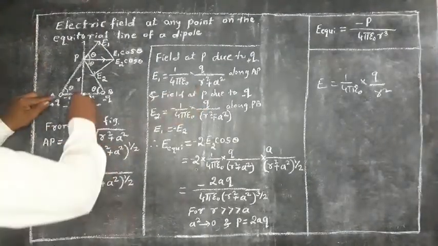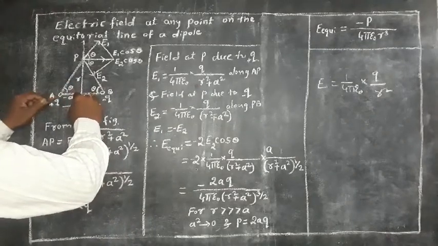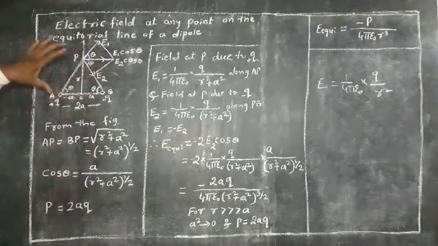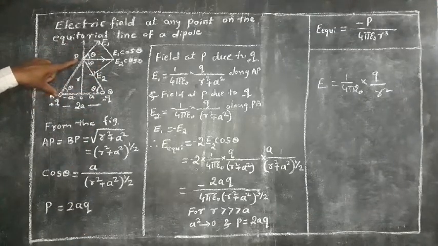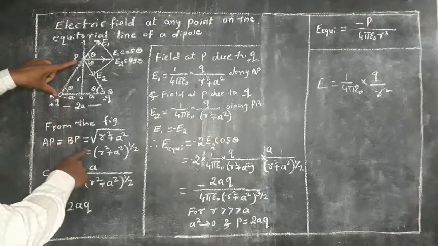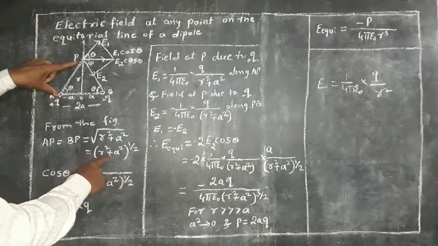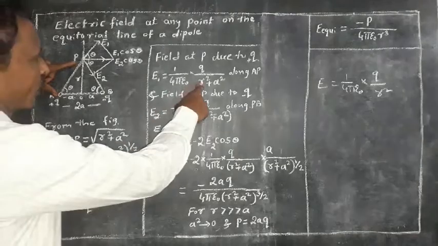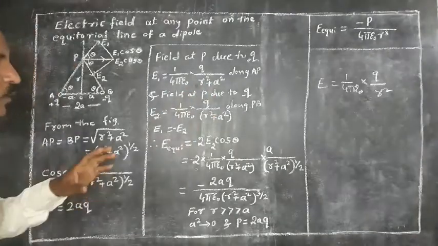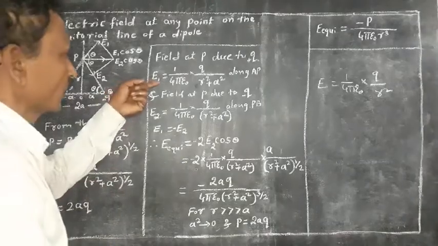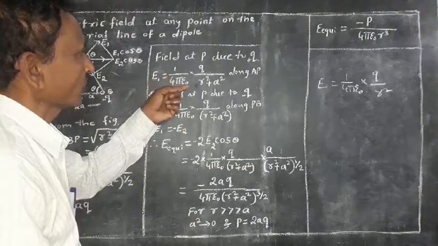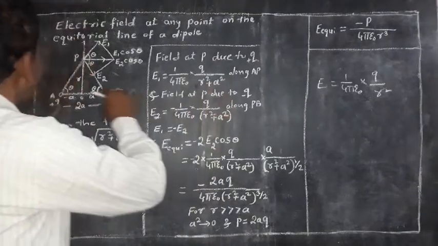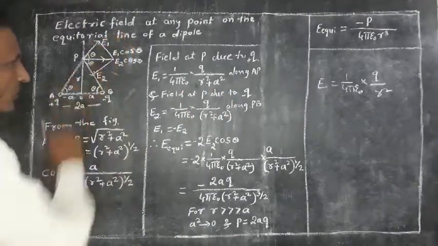Here r is the distance of point P from the positive charge, that is AP equals square root of r square plus a square. Therefore, r square equals r square plus a square. Here square and square root get cancelled, and hence E1 equals 1 upon 4 pi epsilon naught into Q upon (r square plus a square) along the direction AP.